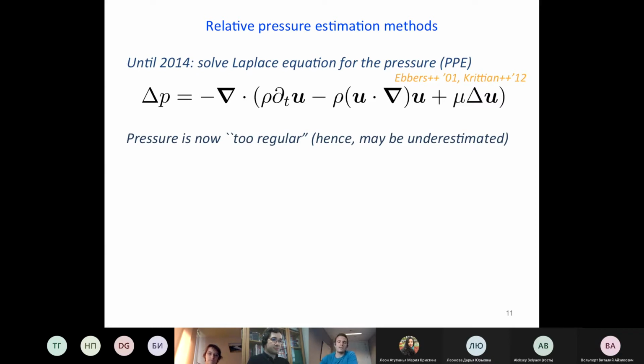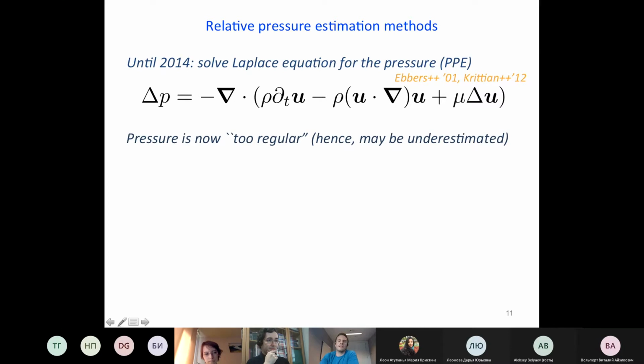One of the problems here is that, by solving this, and of course you have to add some boundary conditions, you are already setting your pressure in a very regular space. You are setting your pressure in H1, and from the Navier-Stokes theory, you know that your pressure is in L2. So you are basically smoothing out eventual physical pressure variations that you may have.